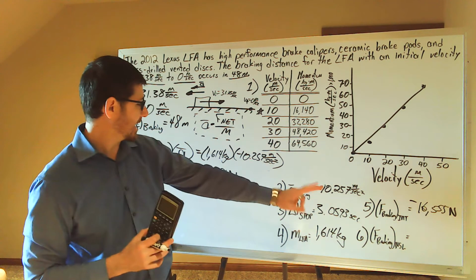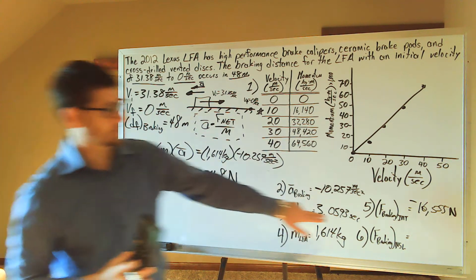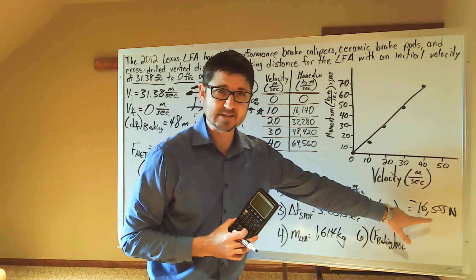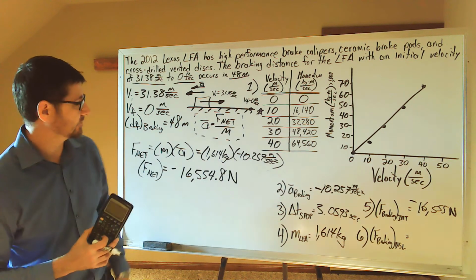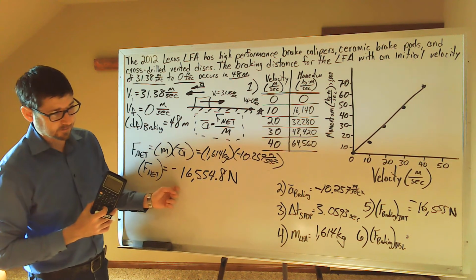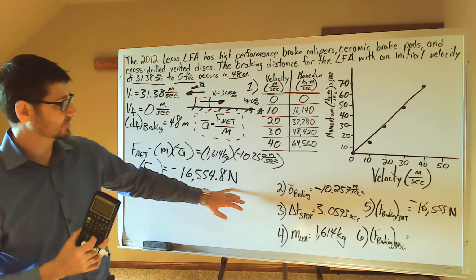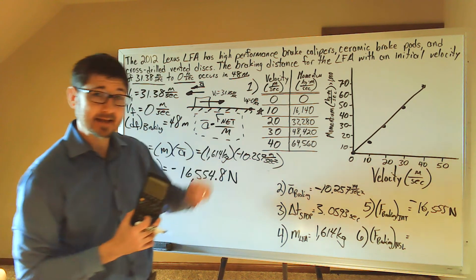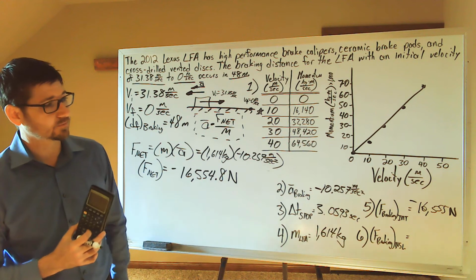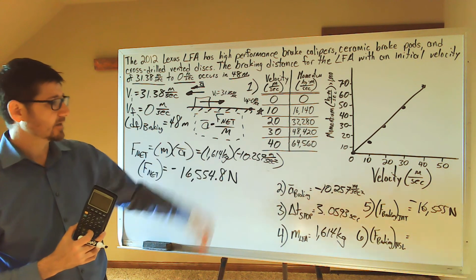So we do have a slight discrepancy. On number 5, we're at negative 16,555 newtons. On number 6, it's negative 16,554.8. I'm sorry, 0.8 newtons. So we're only 0.2 newtons off. So there's some rounding somewhere.